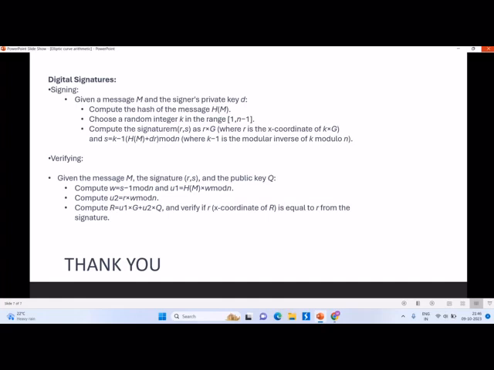Compute u2 equals r times w mod n. Then compute the point u1 into G plus u2 into Q, to verify that its coordinate equals r from the signature.